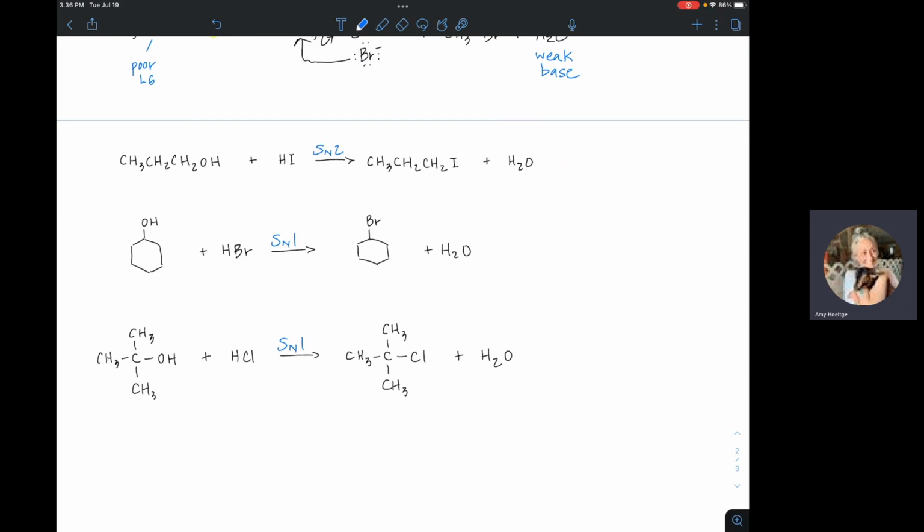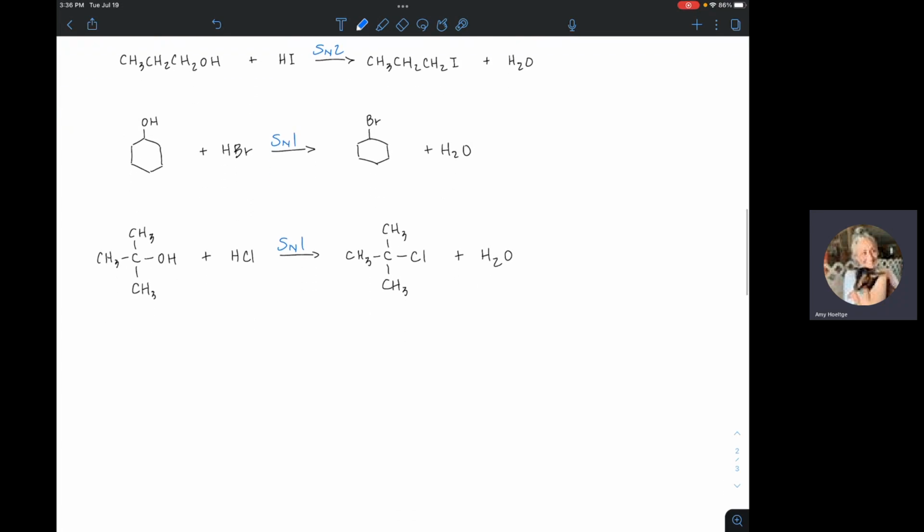We have a relatively unhindered carbon. We're not creating that carbocation in the SN2 process, right? Because that primary carbocation would be too unstable. But a secondary or a tertiary would be more stabilized, right? And so it's probably the SN1 pathway where these particular alcohols are going to react.